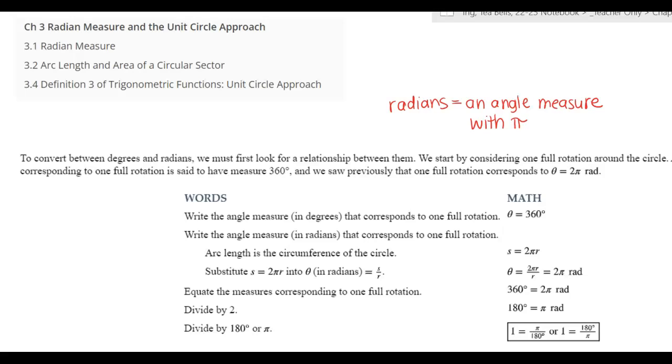So if we make one full rotation, we know that that's usually 360 degrees, but in radians, it's going to be considered 2 pi. Whenever you see a full rotation that used to be 360 degrees, it is now 2 pi.